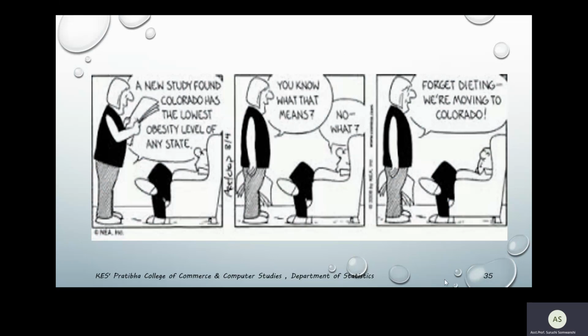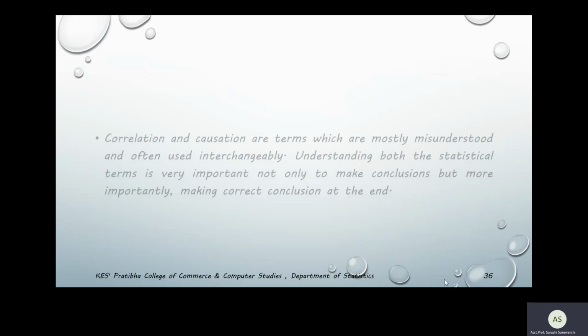That doesn't mean that living in Colorado will affect your obesity level. So this is the relationship between correlation and causation. Let's take a deeper view of this.